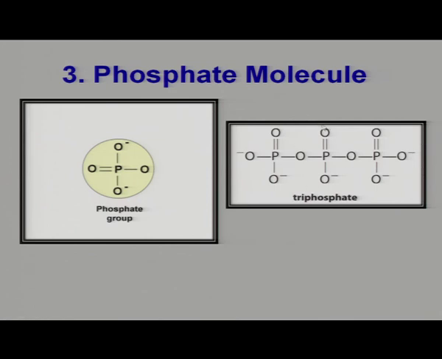Because of the breaking of the bond, whatever energy is released is utilized to make the phosphodiester bond. With the help of that energy, the one phosphate molecule will combine with the sugar molecule of the nucleic acid.